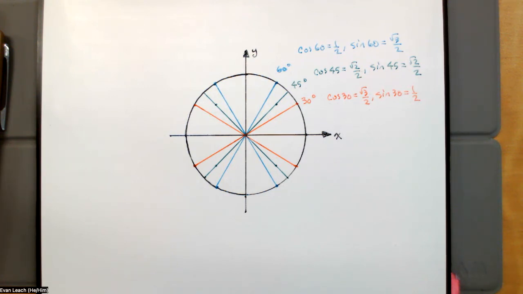Cosine of 60 is a half, sine of 60 is root 3 over 2. Looking at that point on the unit circle, that tracks, because that point is higher than it is far away. It's a half on the x and 0.8660 on the y, so that is the right location for that point. Everybody okay? Good. It only seems like a lot to remember because it's a lot to remember.